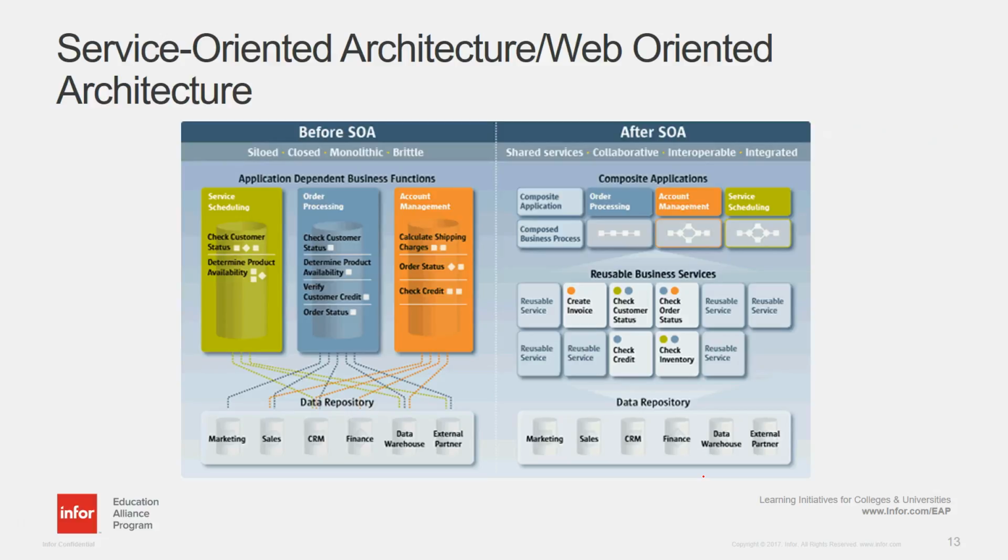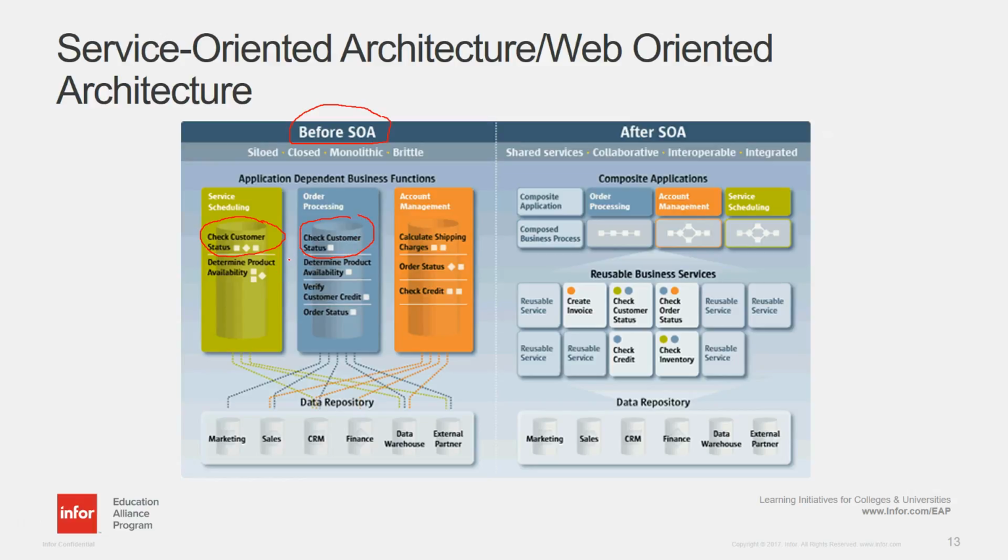Here's an example of what used to happen before service-oriented architectures. They describe it as siloed, information silos. We talked about that in the first chapter. Monolithic, brittle. So you had redundancy because you had several places where you would check customer status, in the scheduling function and in the order processing function.